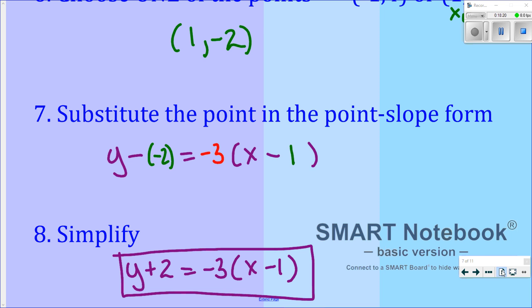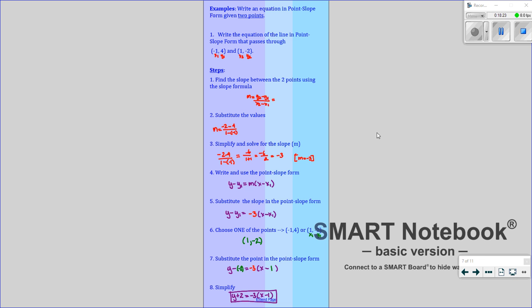So if I can extend this, I know it's kind of long, but you can see the steps where they give us 2 points. First step, we had to find the slope by using the slope formula, y2 minus y1 over x2 minus x1. And then we plug in our values, find our m. Then we use the point slope form, which is y minus y1 equals m times x minus x1.